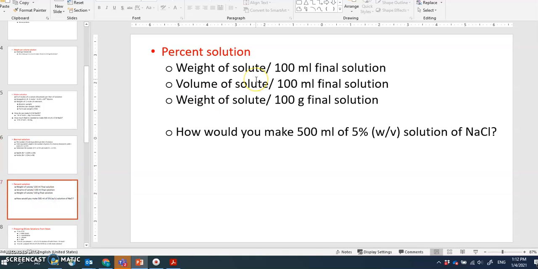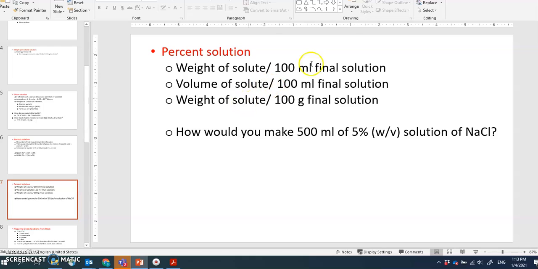And then percent solution. Percent is weight of solute per 100 ml final volume, final solution. It could be given as a weight per final solution volume, or it could be volume of solute per 100 final ml volume, or it could be a weight of solute per 100 gram of final solution.